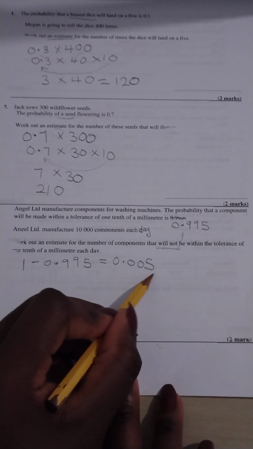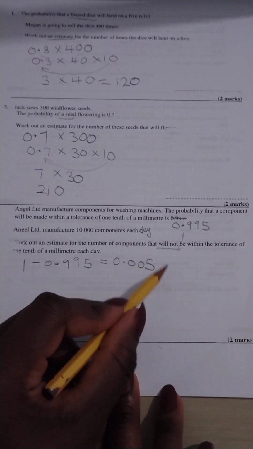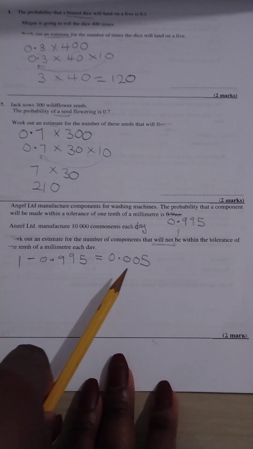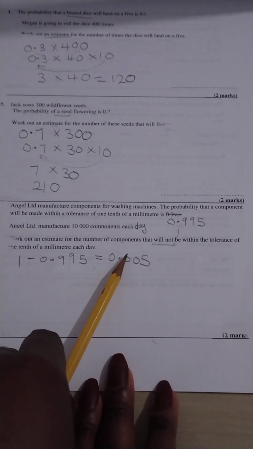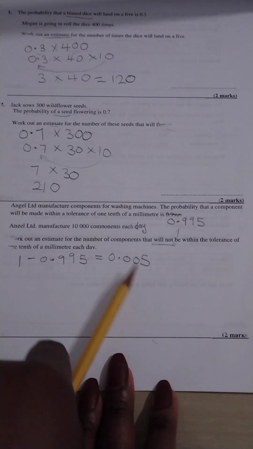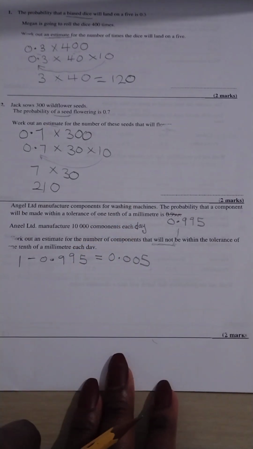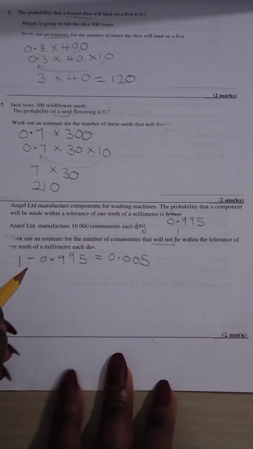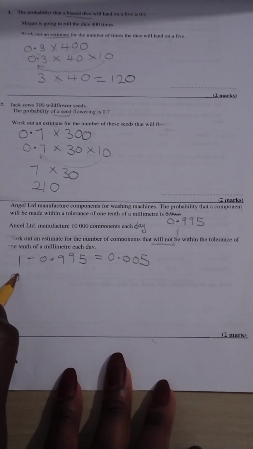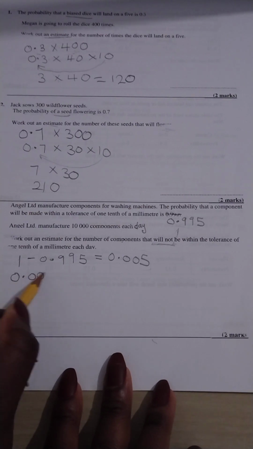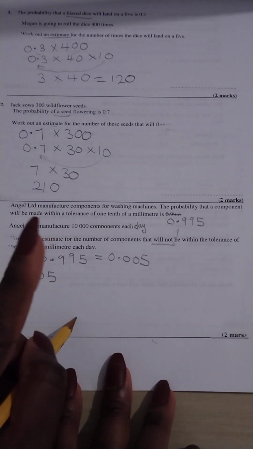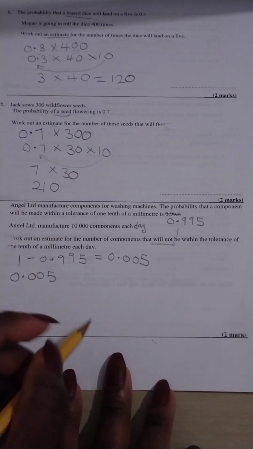Okay, so now this becomes the probability that we work with, because that's the probability that a component will not be made within that tolerance of 1/10 of a millimeter. Now 0.005 is the probability that one component will not be made.